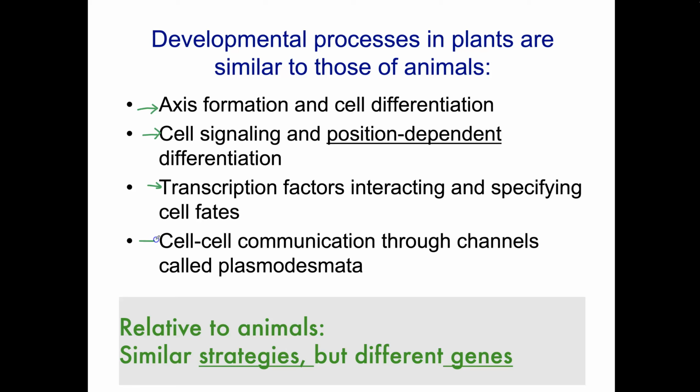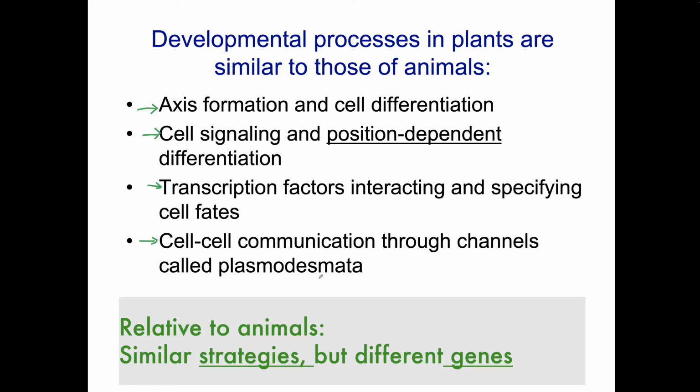And there is also cell-cell communication, not just through the channels in the cell walls called plasmodesmata, but there are also some molecules that are able to slip through the cell wall. We always think of the cell wall as this kind of thick wall. When you hear the word wall, you think of the walls of a building or something.